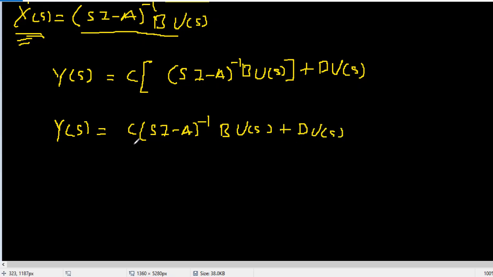Now both terms have the input side quantity, which we are going to take in the transfer function case.